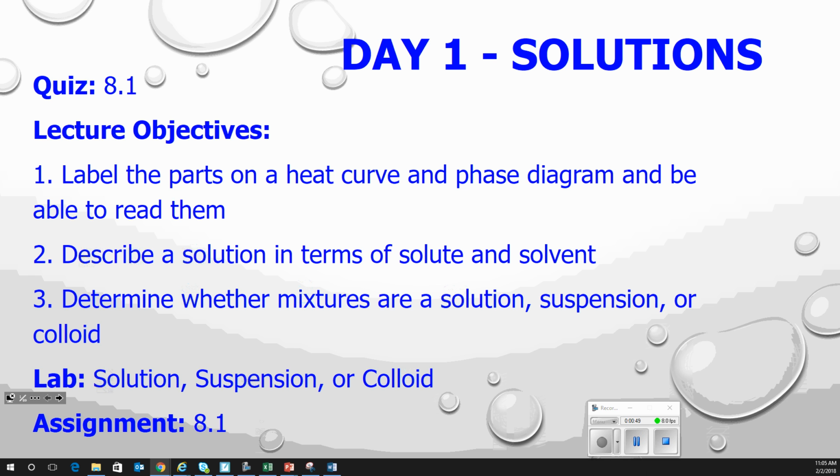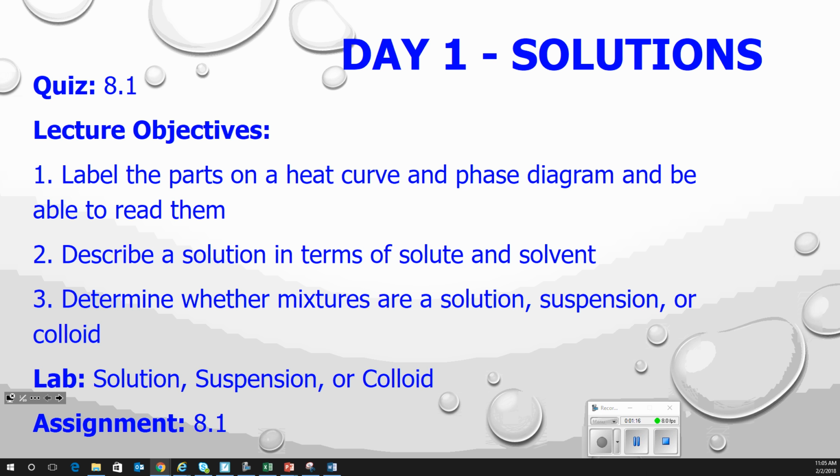The objectives of the lecture today are threefold. We're going to learn how to label heat curves, and we're going to learn how to label and use phase diagrams. These are two that are often used on ACT and SAT, so it's a good thing to be able to do. Number two, we're going to be able to describe a solution in terms of solute and solvent and solvation, not salvation, but solvation.